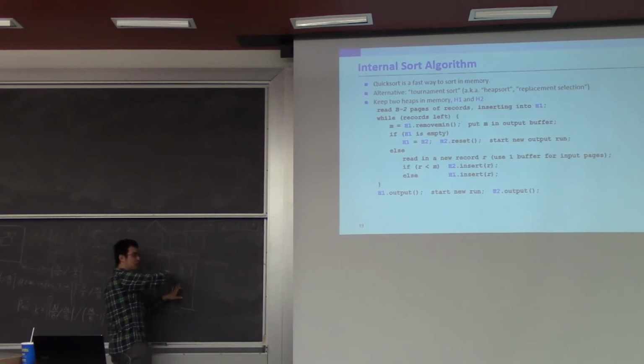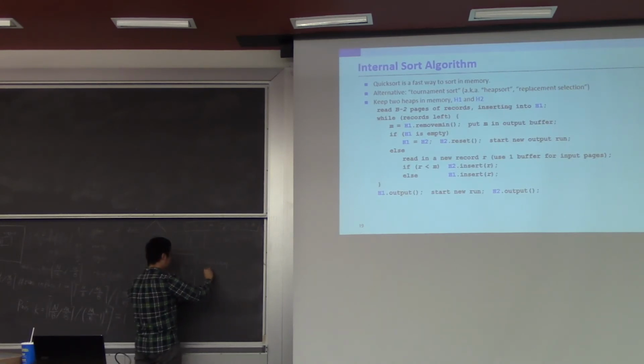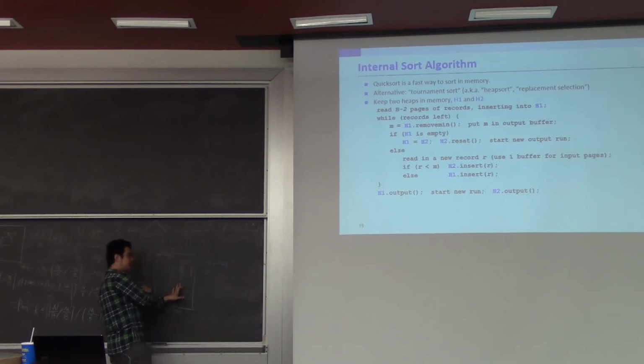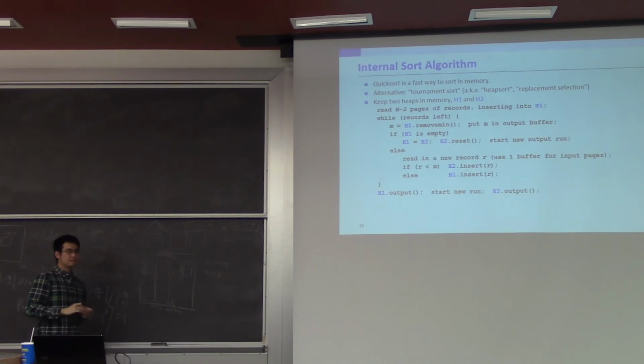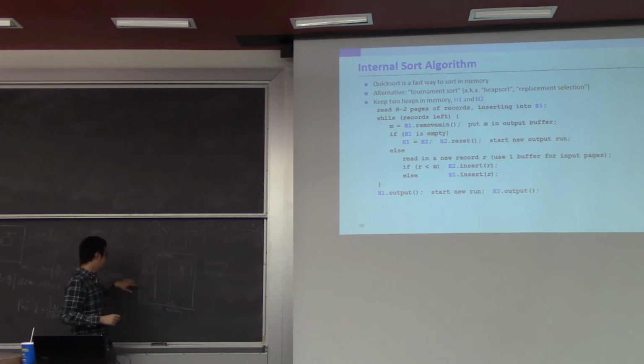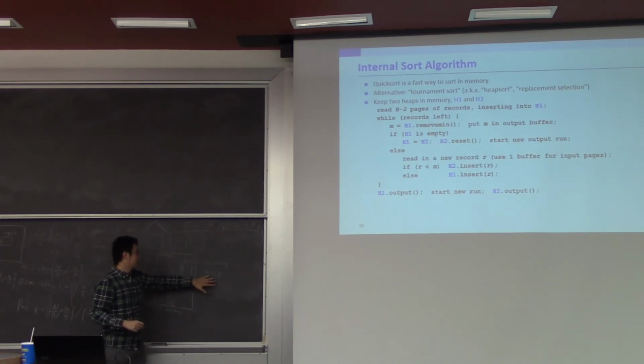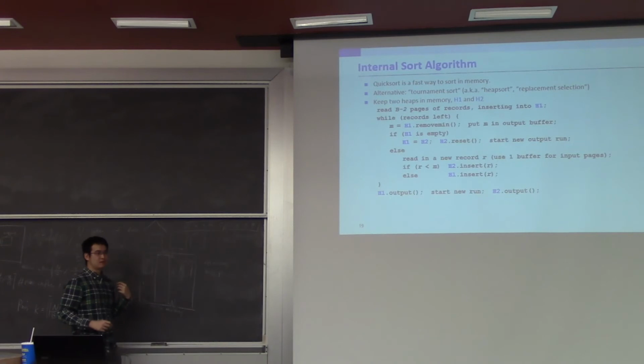Otherwise, the current run is not sorted. So if R is to be inserted after m in the same run, m has to be smaller than or equal to R. Any question about this? If you want the next tuple in the input buffer to be inserted after m in the same run, it has to be greater than or equal to m, because the same run has to be sorted.